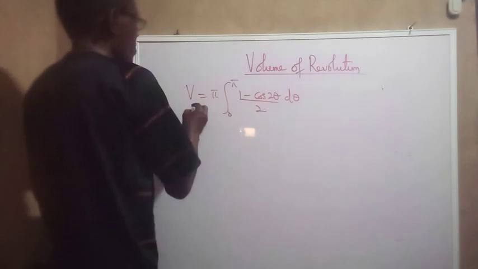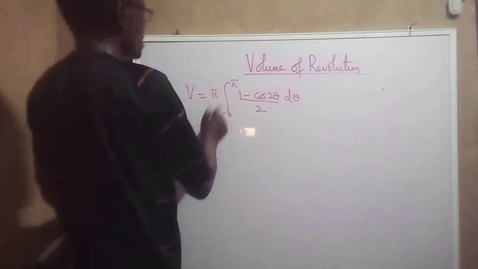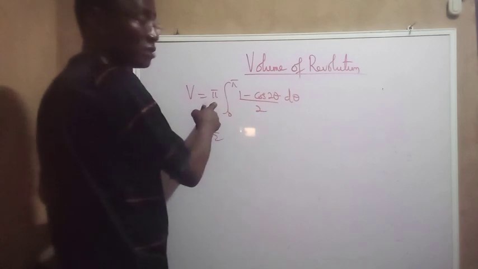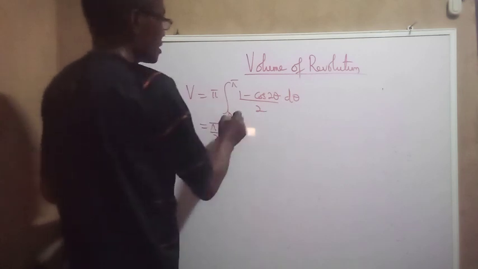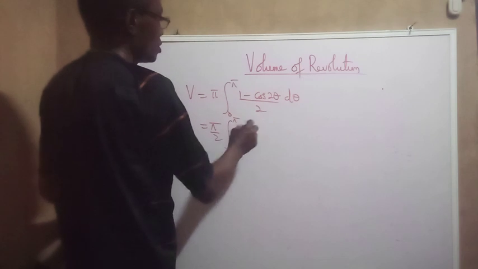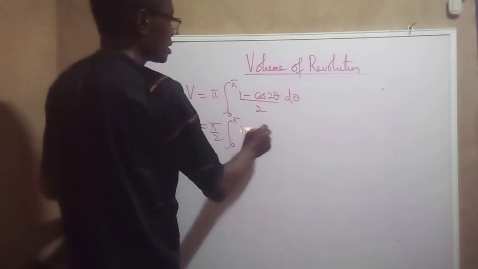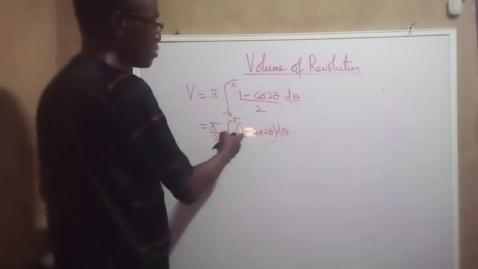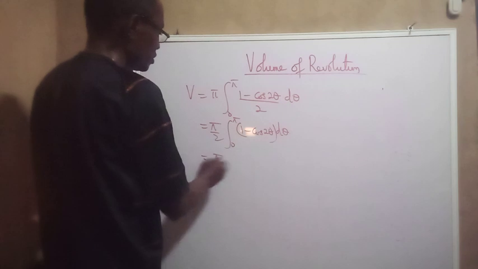Okay, so here we can bring this one here and have V is equal to pi all over 2. We can bring this out because it's a denominator and it's a constant, pi from 0 to pi of 1 minus cos 2 theta d theta. So by the time we now integrate, we have pi all over 2.